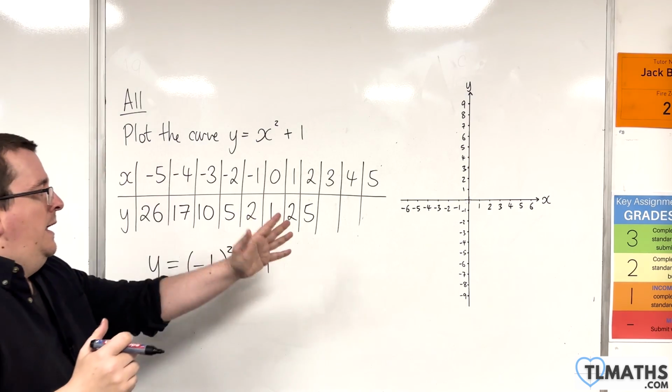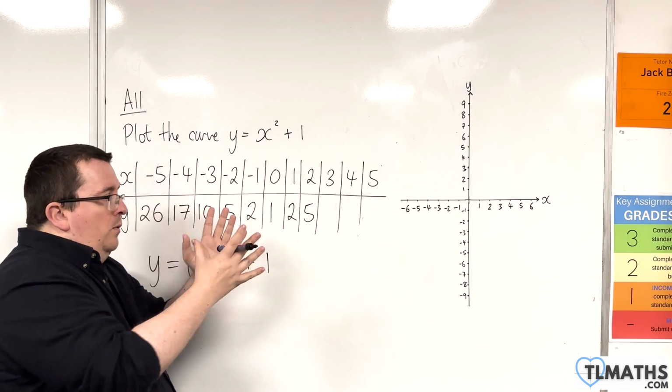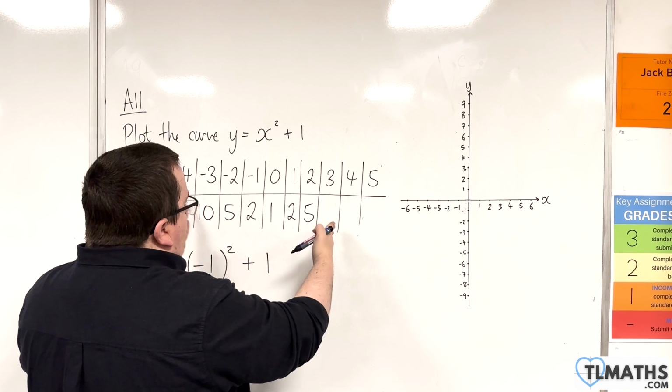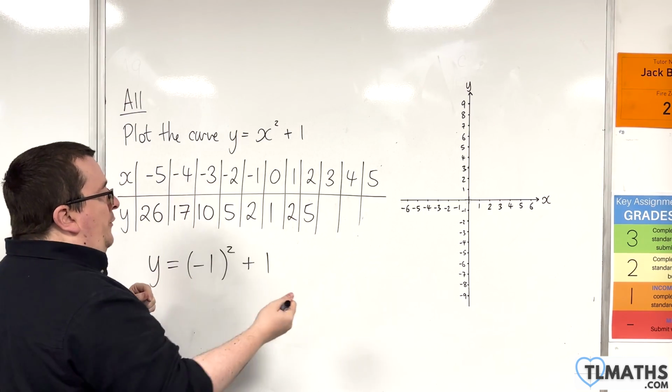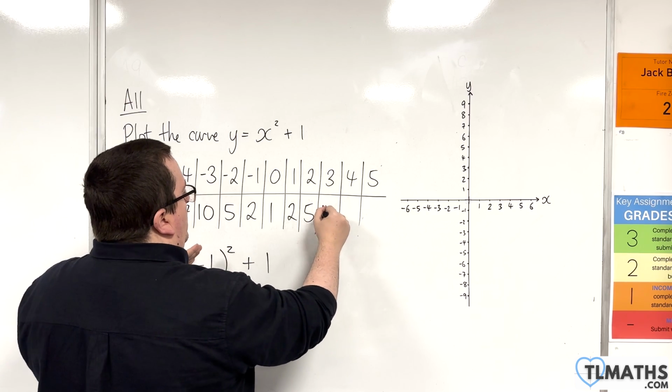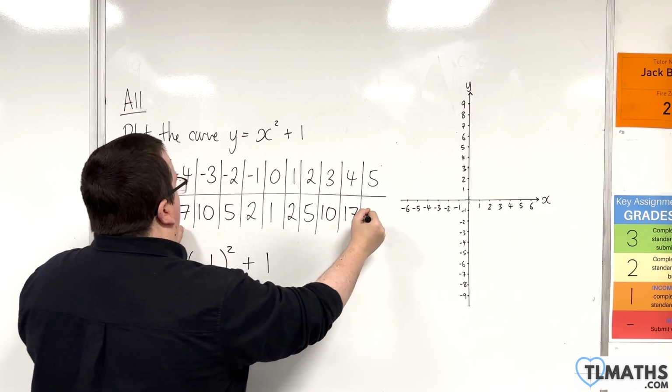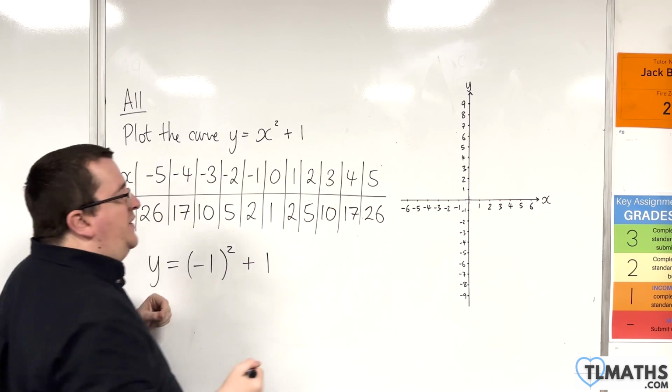And at this point, you might spot, oh, wait a minute, we're now seeing the symmetry. We've got the 1, then we've got 2s, 5s, and because of the symmetry, that will allow you to then write in the rest of the table.